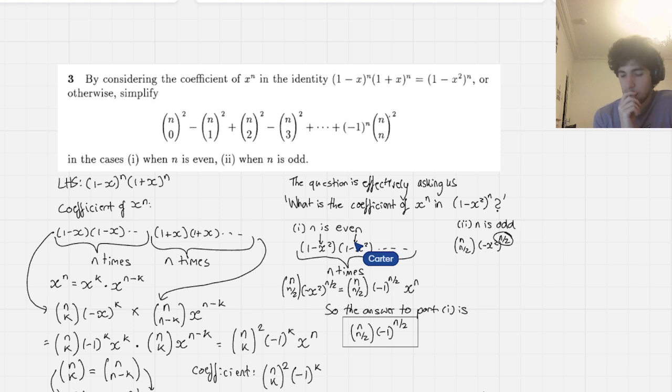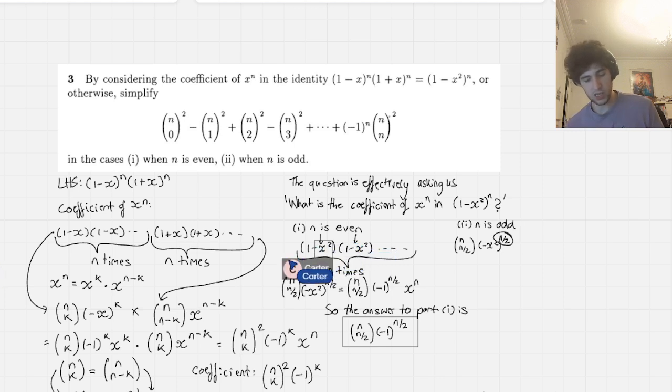But n over 2 here is not even a whole number, which is a problem, because that would indicate I'd have to make half a choice, which doesn't make any sense. Multiplying these minus x squareds is always going to give me an even power of x. The 1s aren't going to do anything. So if n is odd, then the coefficient of x to the n is clearly 0.